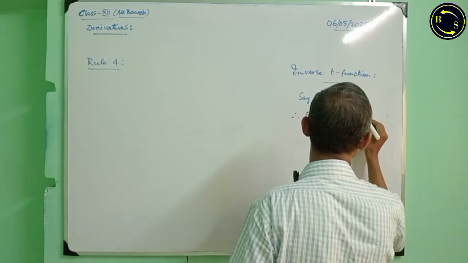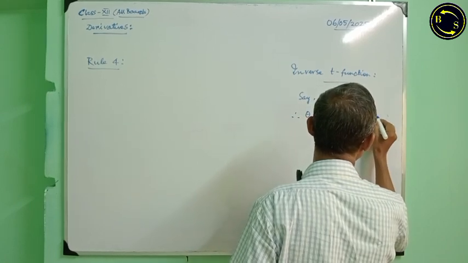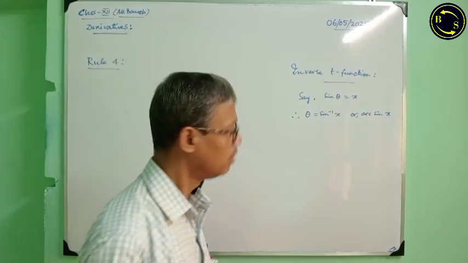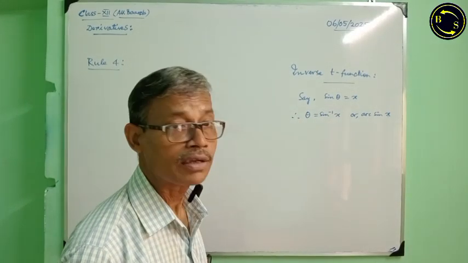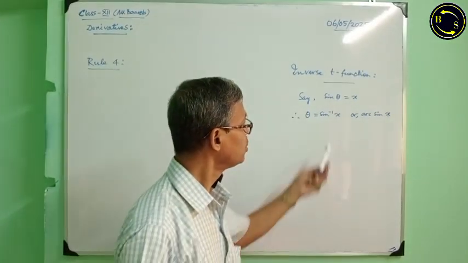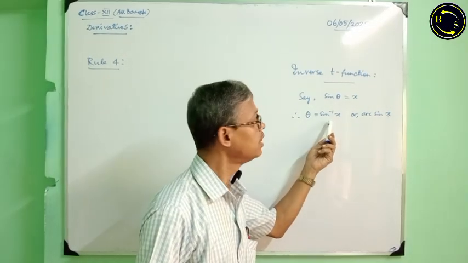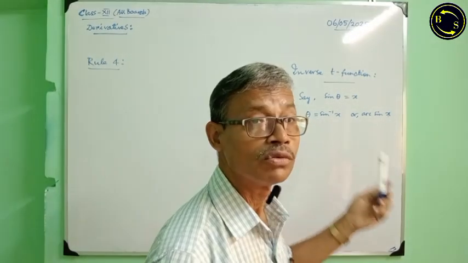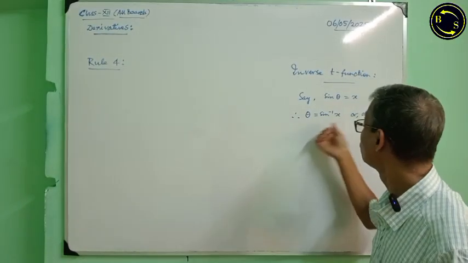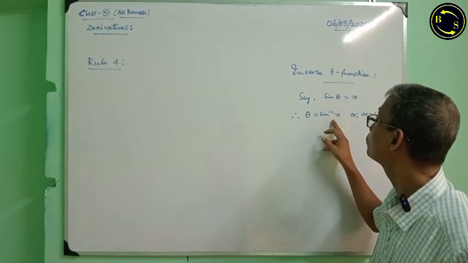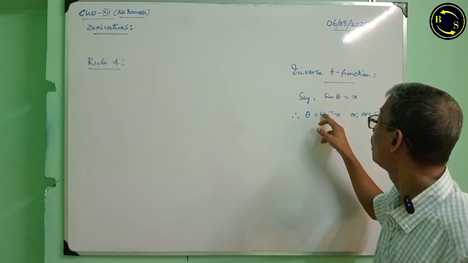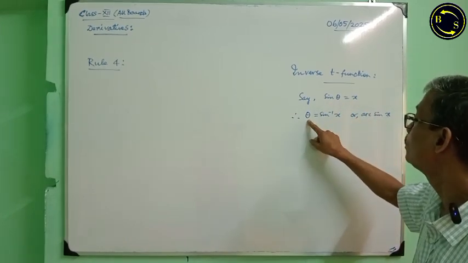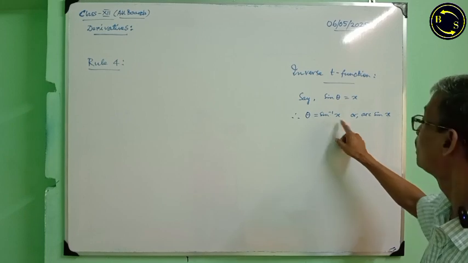Also there is another form, arc sin x. This is used popularly, therefore we shall confine taking this symbol. Therefore theta equal to sin inverse x. These two are equivalent. If x equal to sin theta, then theta equal to sin inverse x.